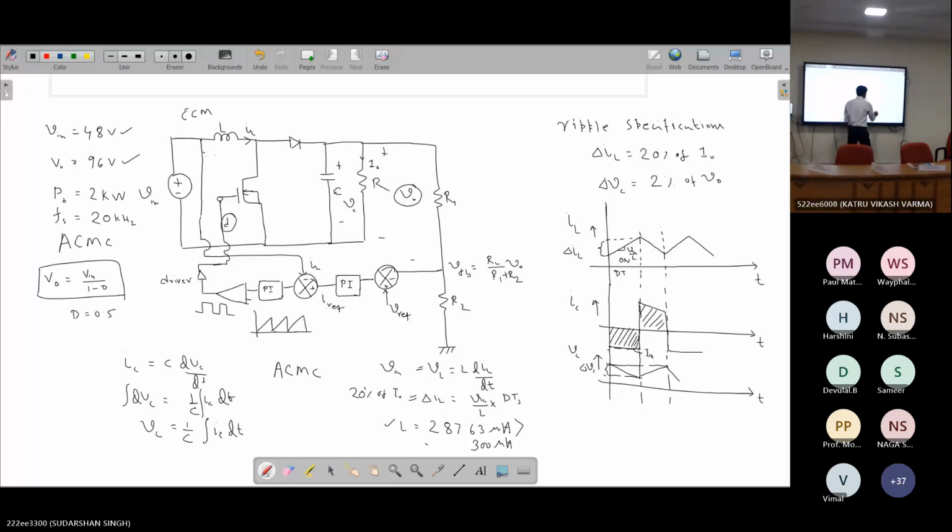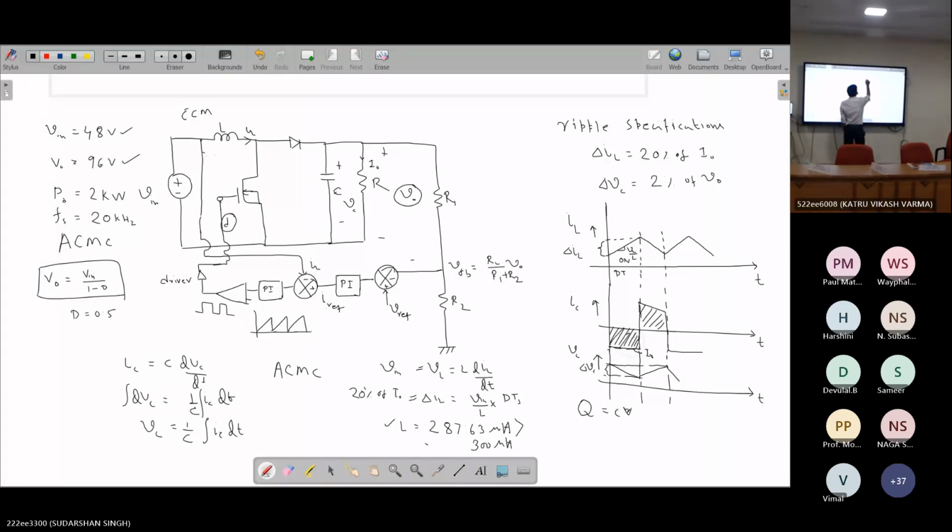So we know the relationship Q, the charge that is stored or discharged through the capacitor, is C into V. So Q is equal to CV, we all know. How much charge is discharged from the capacitor during on time is nothing but the area under this curve.